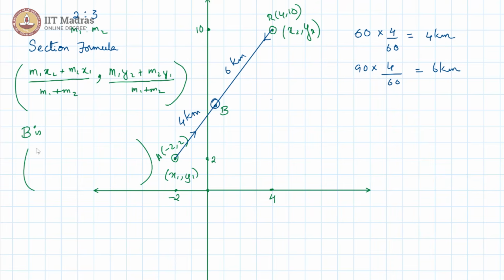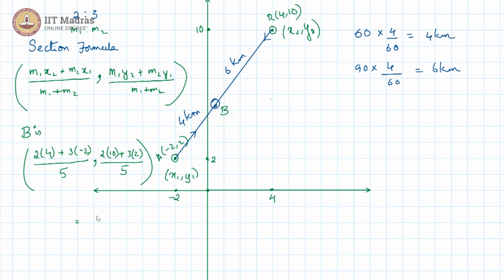So we have m1 x2 would be 2 times 4 plus m2 x1 would be 3 times minus 2, the whole by m1 plus m2, which is 5, and m1 y2 would be 2 times 10 plus m2 y1 would be 3 times 2, by 5 again.